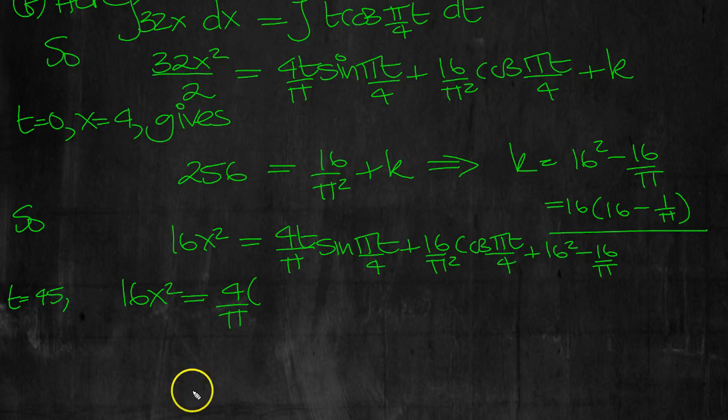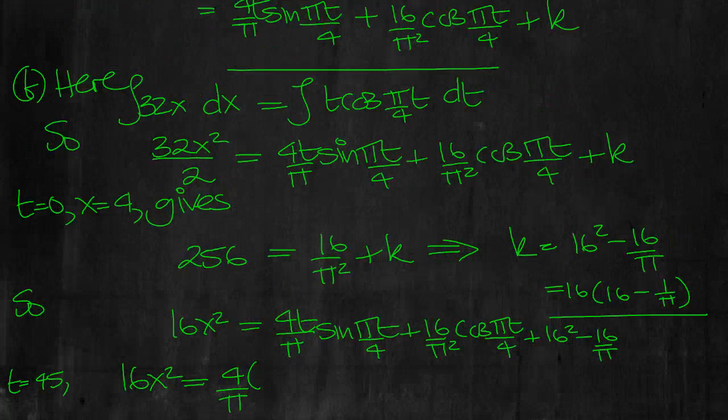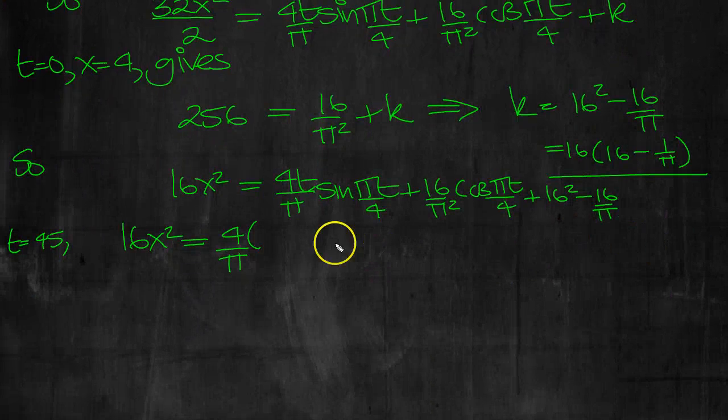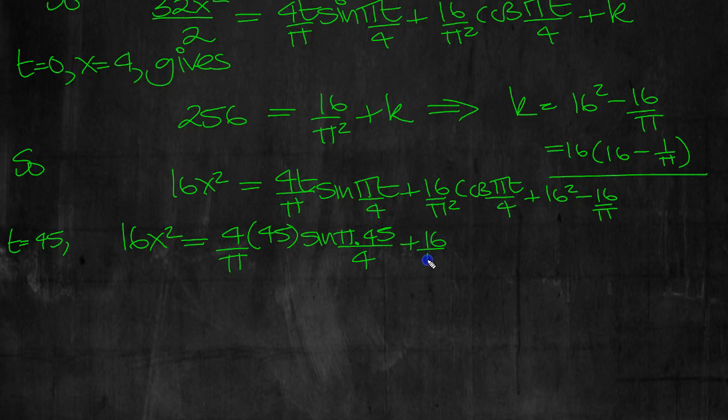Just flick back again. Let's go up and see what I wrote. 45. Okay, so 4 over pi times 45 sine of pi times 45 over 4, plus 16 over pi squared, cosine of pi over 4 times 45, plus the 16 squared minus 16 over pi.